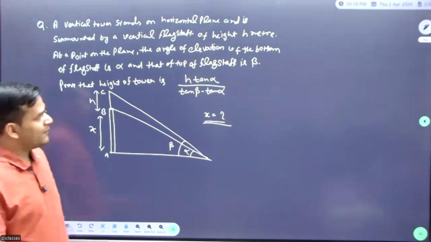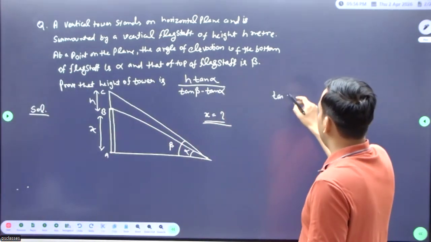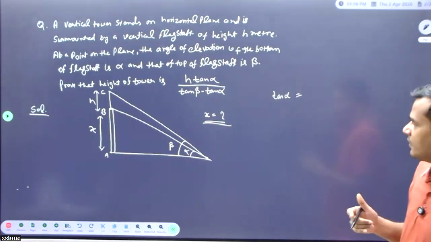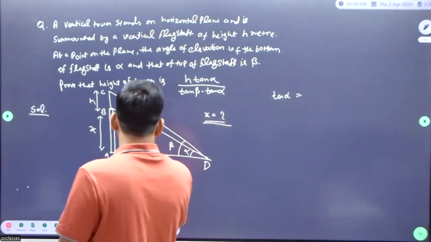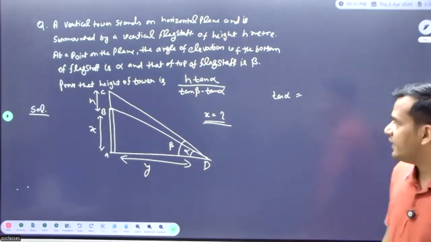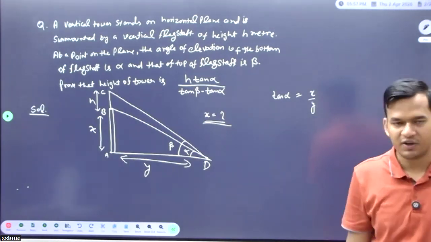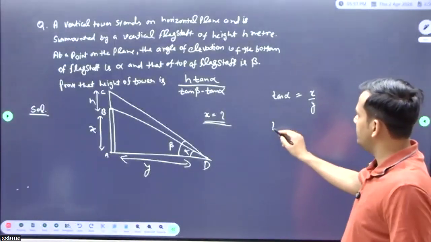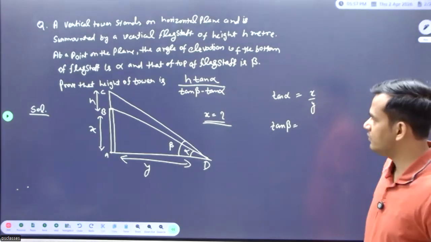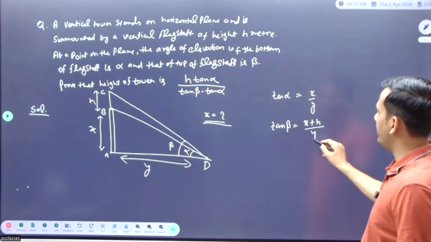Now what will be tan alpha according to this figure? Tell me, what is tan alpha? Let's say this is y. So tan alpha is x upon y. This is our tan alpha. And tan beta is x plus h upon y.